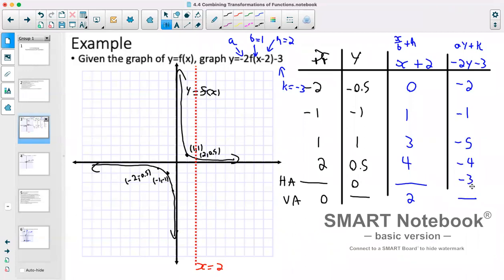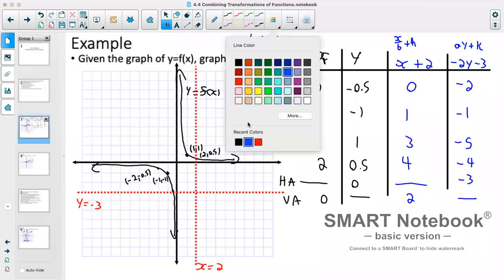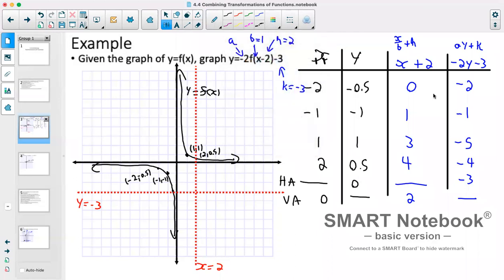So we'll draw in our horizontal asymptote, which is now at negative 3. We will label it. And then we'll plot our new points. So at 0, we're at negative 2.